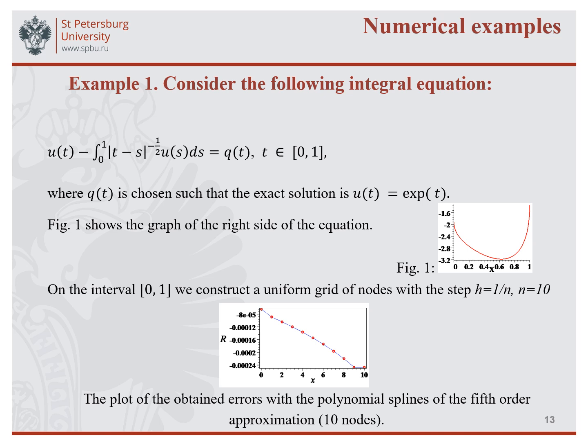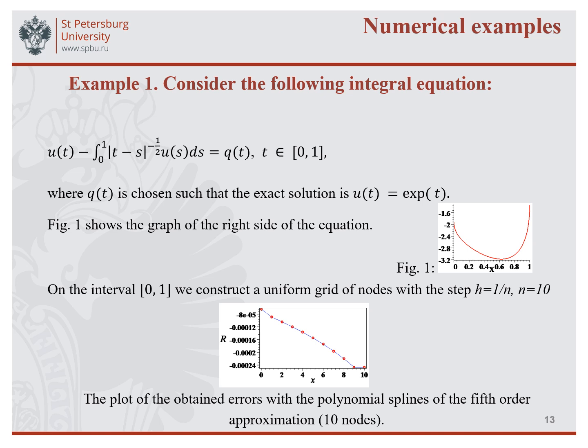Numerical examples. Example number 1. Consider the following integral equation, where q of t is chosen such that the exact solution is exponent of t. Figure 1 shows the graph of the right side of the equation.